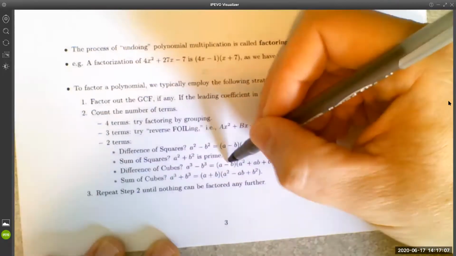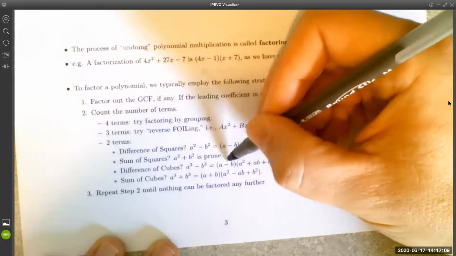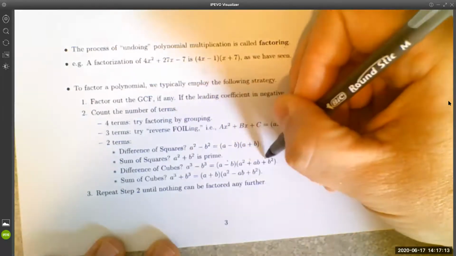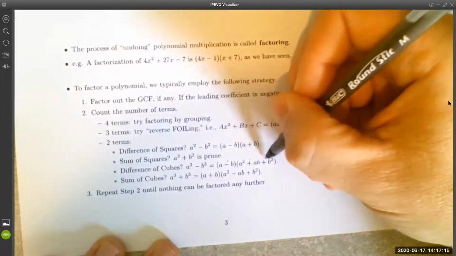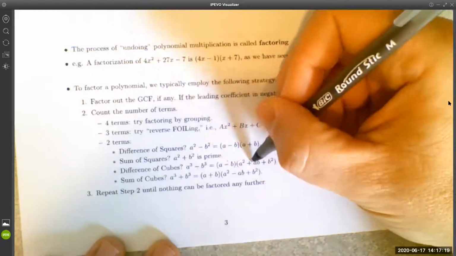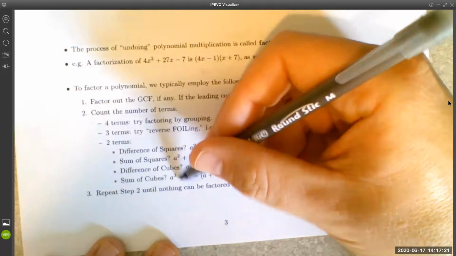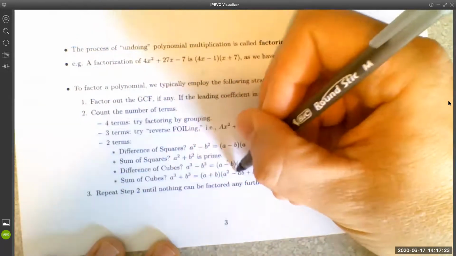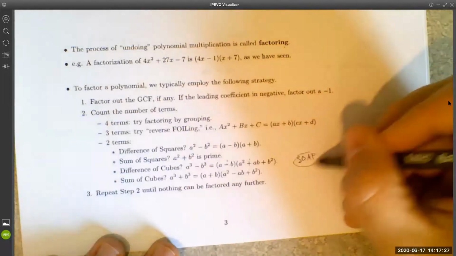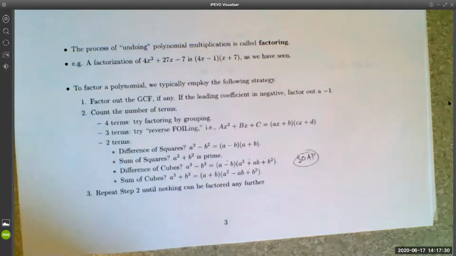This sign is the same as the sign you start with. This sign is the opposite of the sign that you start with. And this last one is always positive. That works when you're starting with subtraction, and it also works when you start with addition. So just for the signs, remember SOAP: same, opposite, always positive.